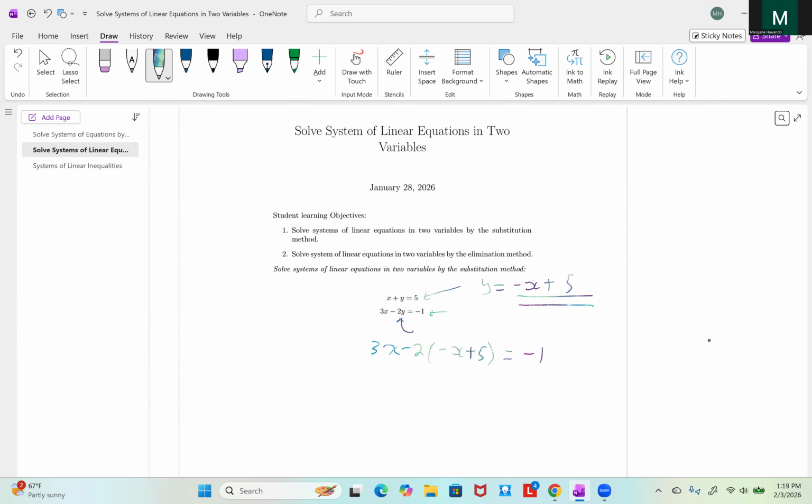So we proceed by removing the parentheses first, so we distribute: 3x plus 2x minus 10 is equal to negative 1. Combine the like terms, which is 5x minus 10 is equal to negative 1.